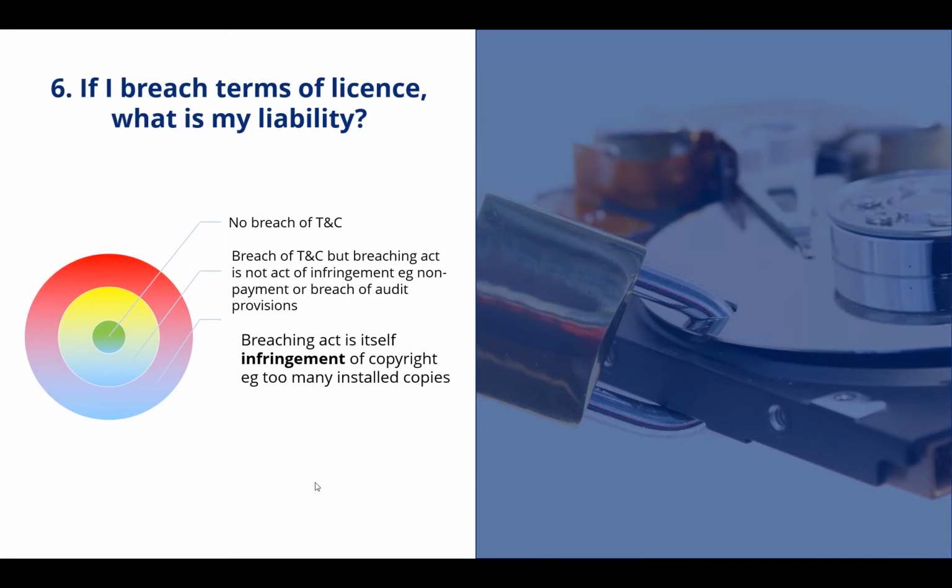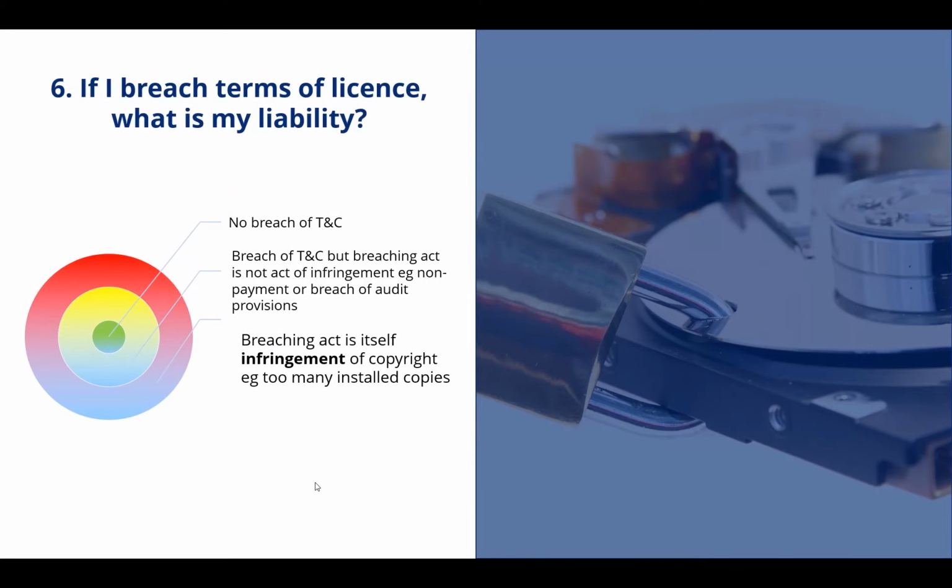So what I've done is put an image here which tries to break licenses up into three parts. The green is where the act that you're doing isn't a breach of any term and condition. The yellow is where you do breach the license terms and conditions, but it in itself is not an act of infringement.